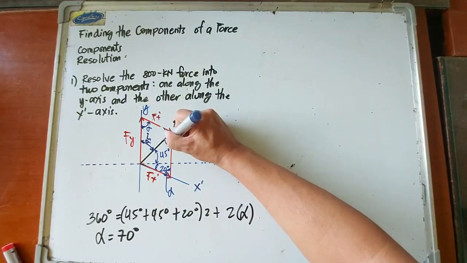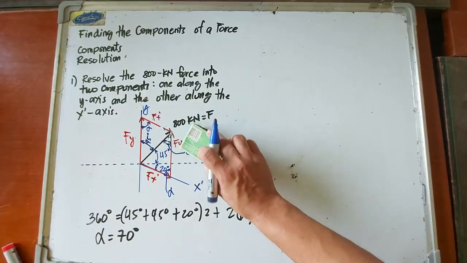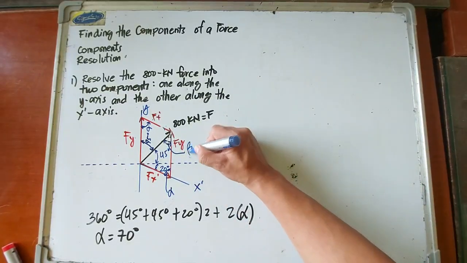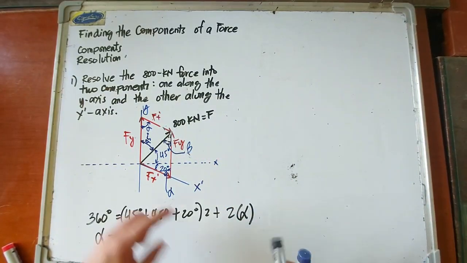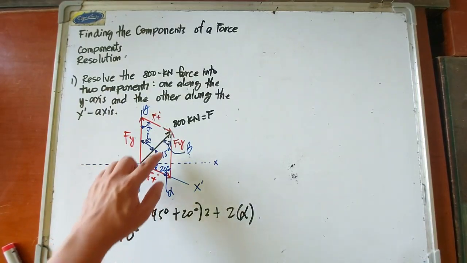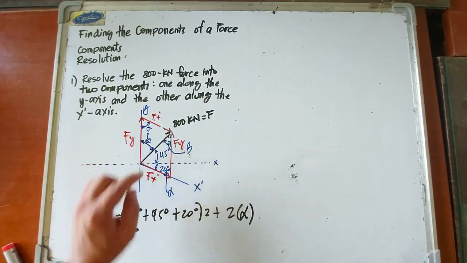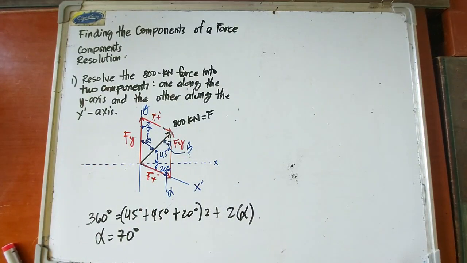This angle, let's say we have this alpha, angle beta. Okay, this is angle alpha, which is 70 degrees, angle beta, the unknown, and this is 45 degrees plus 20 degrees. Okay, that's 65 degrees yan.